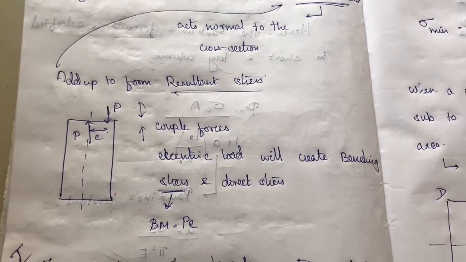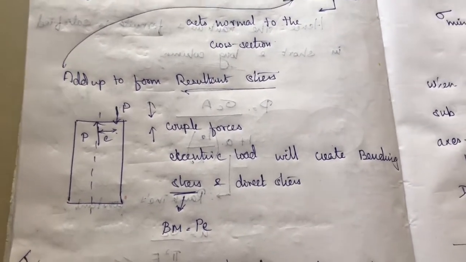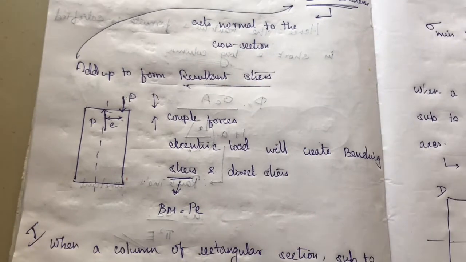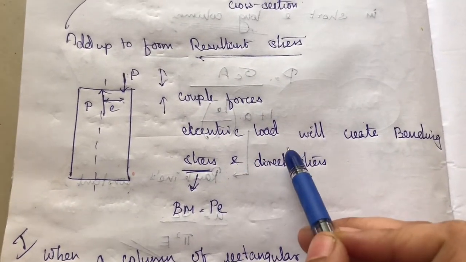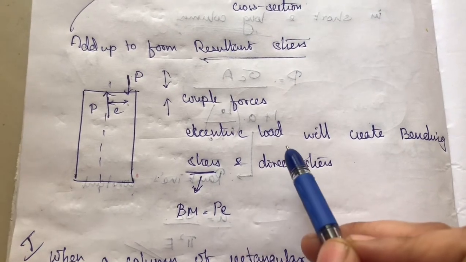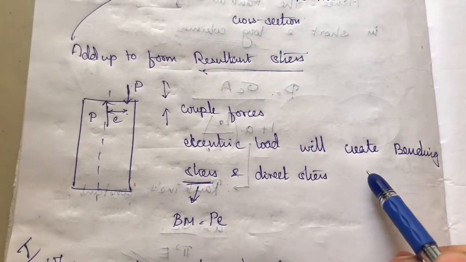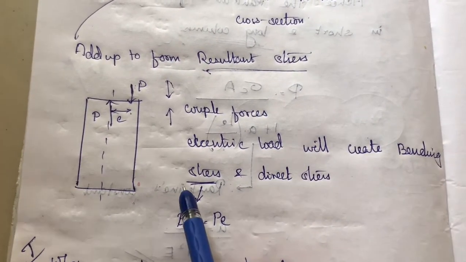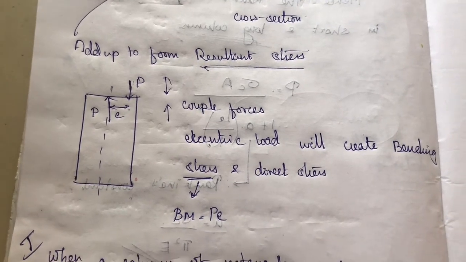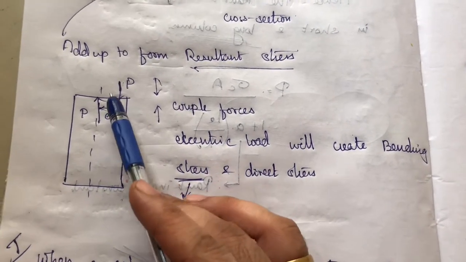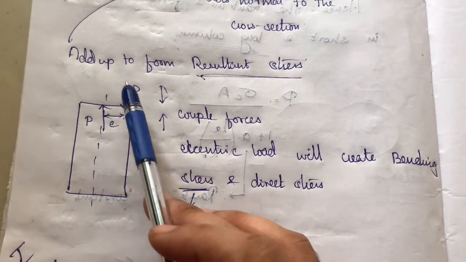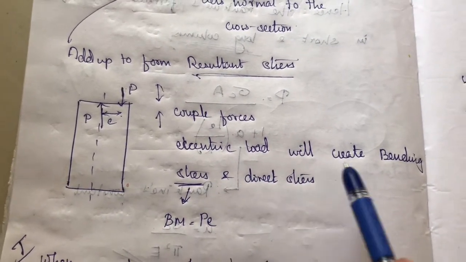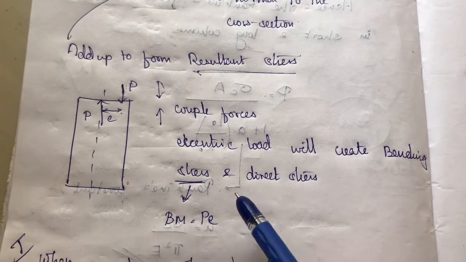Only one axis. So this is according to only one axis. Okay. So an eccentric load will create bending stress and direct stress. Okay. So this load which has the eccentric distance, right? So an eccentric load will create bending and direct stress.